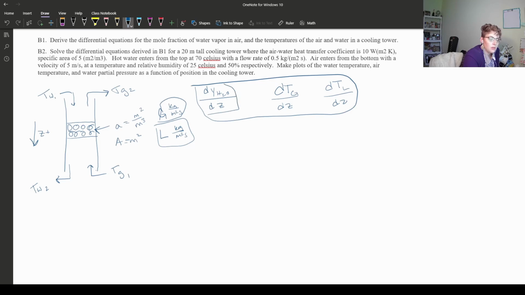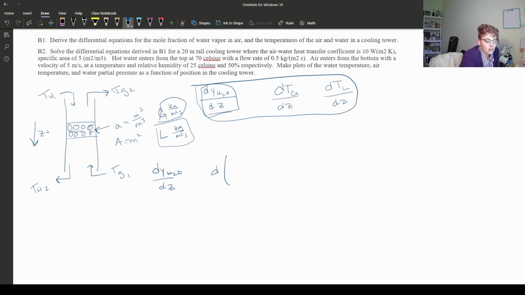Our first differential that we are going to be working through is the change in mole fraction of the water vapor in the gas flow. So we want this, and the first thing that we need to look at is what's changing in this gas flow in order to get this.